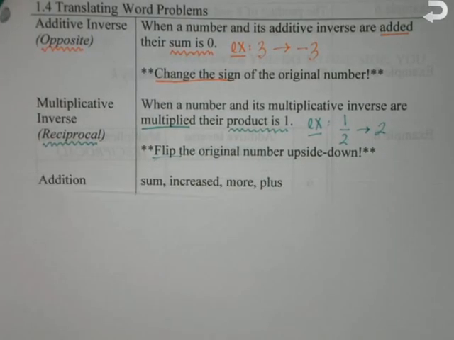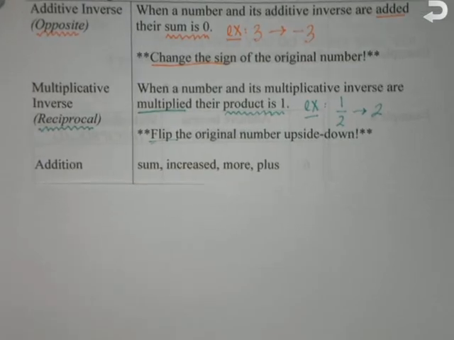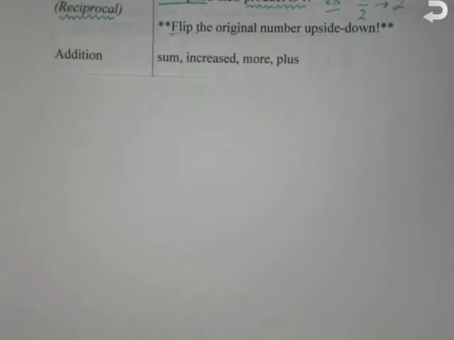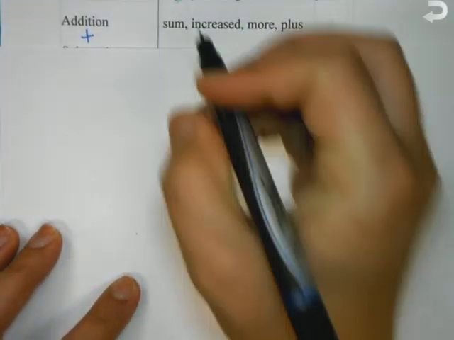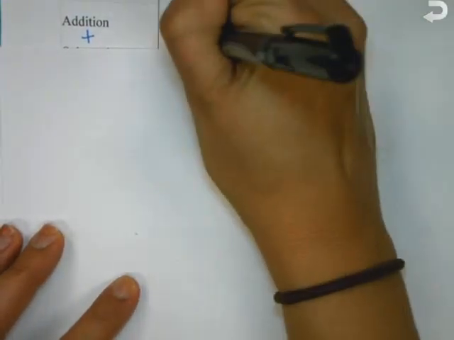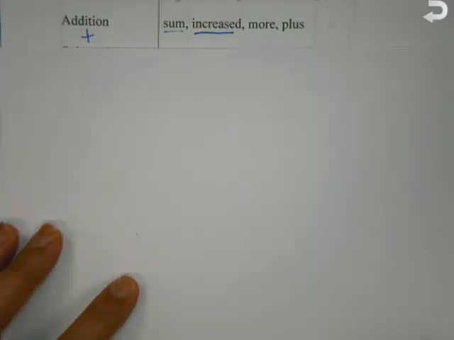Okay, so now we're going to be looking at how to translate words into algebra problems. So we're going to look at some words that mean addition. So words that mean addition are sum, increase, which means we're getting bigger, right? More, and plus.